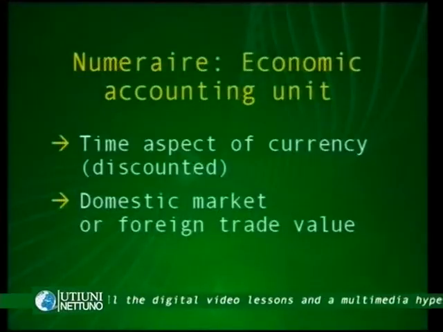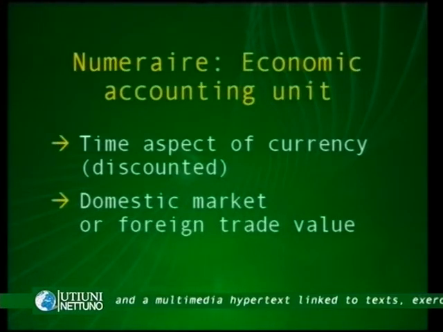The fourth aspect is we have to decide whether we want to refer to domestic market or foreign trade value, in the sense that above all when there are barriers to trade, as we'll discuss in the next class, you could have two different prices. One price is the price of the good or the service in the domestic market.